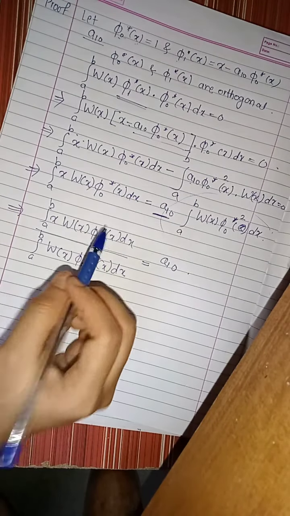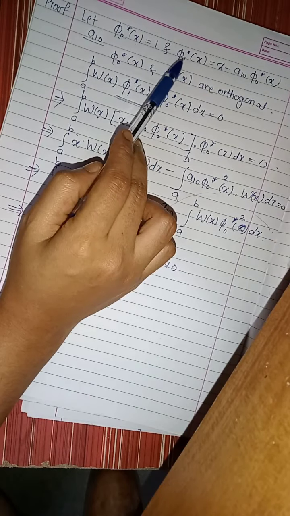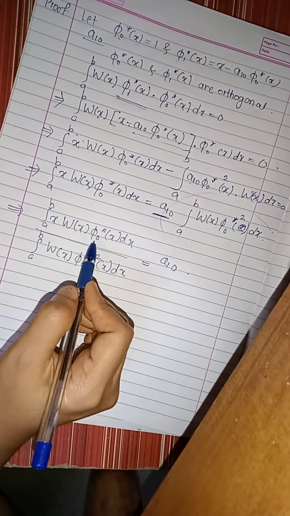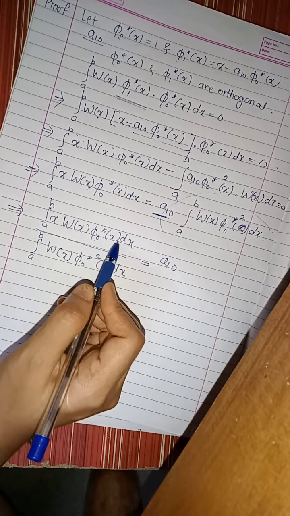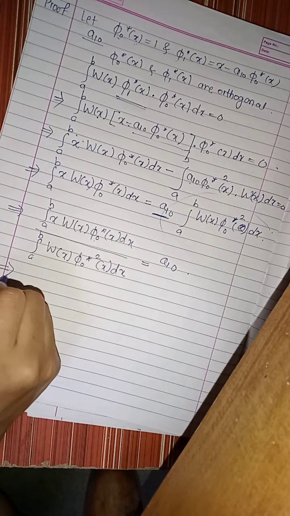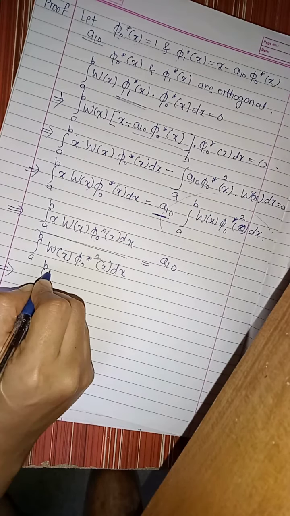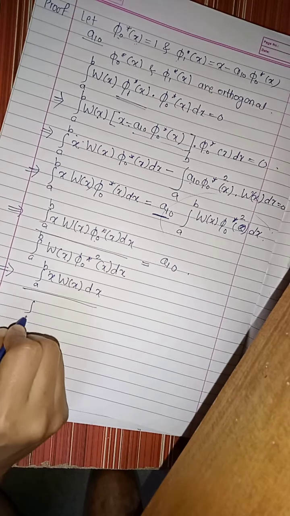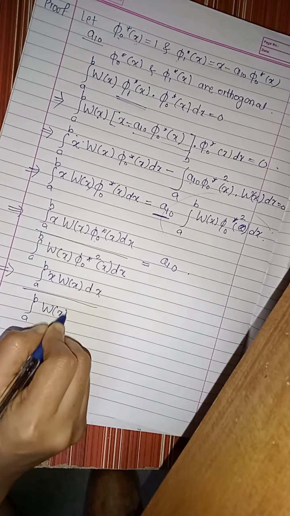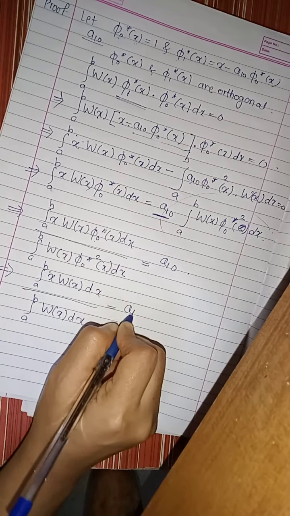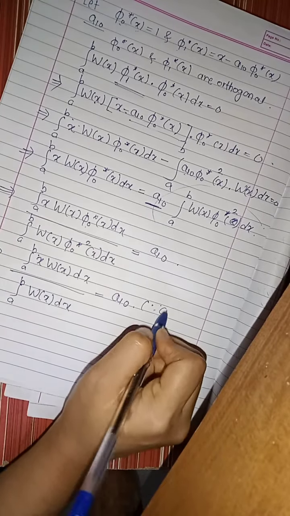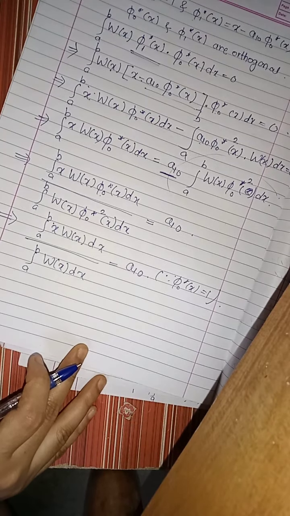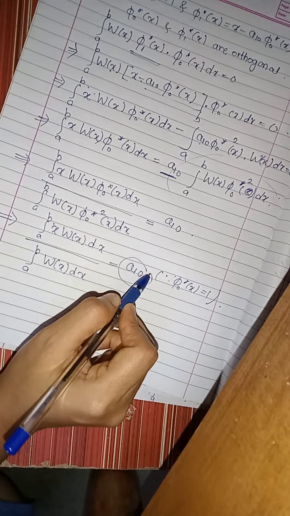Okay, now we know that we have taken the approximation as φ0*(x) equals 1. So substituting the value of φ0*(x) as 1, we will get ∫ from a to b of x w(x) dx upon ∫ from a to b of w(x) dx equals a10. The reason is φ0*(x) equals 1. So this is what the value of a10 is.